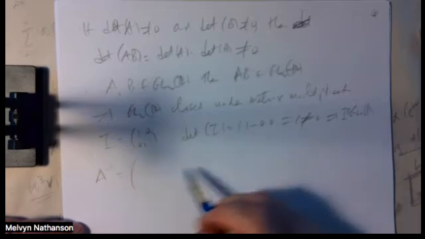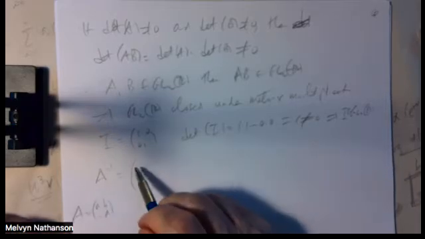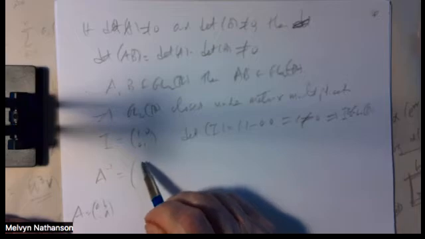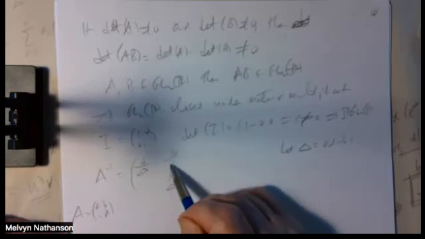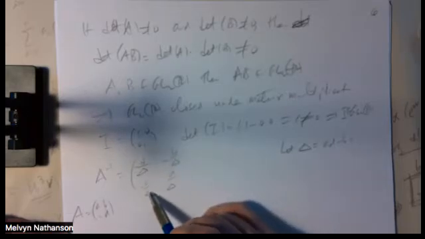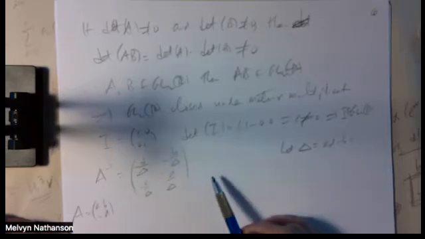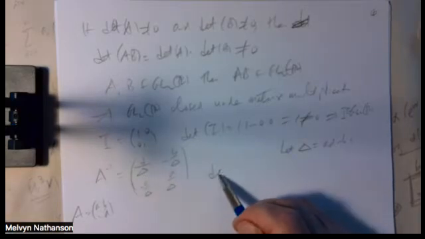If A is A, B, C, D, this is going to be D over the determinant. Let me just write delta to be AD minus BC. D over delta, A over delta, minus B over delta, minus C over delta. So this is a matrix. The determinant delta is non-zero, so I can divide by it.